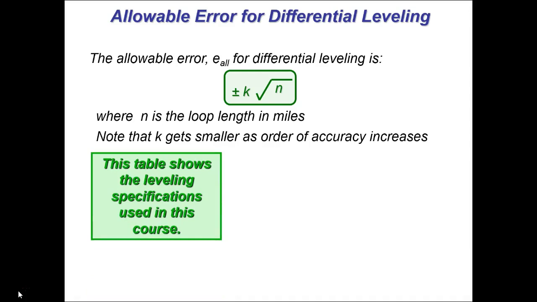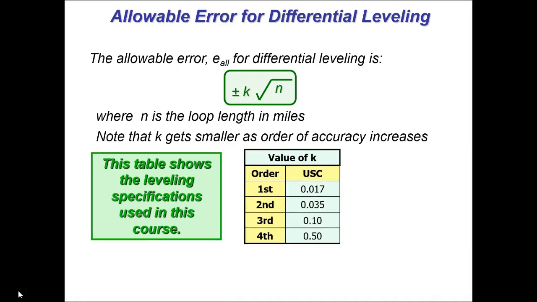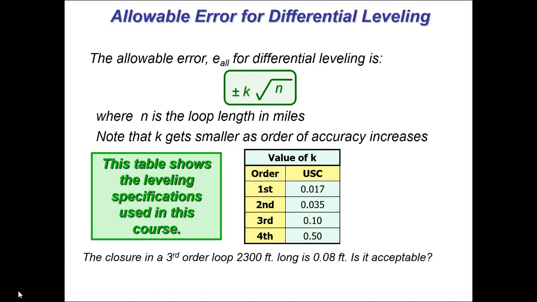So as we look at this, I'm going to give you a table here, and that shows our value of k. So you can see that k value, as our order of accuracy gets tighter and tighter, gets smaller and smaller. So our closure in a third order loop, let's say this is a third order loop, that's 2,300 feet long, is 0.08 feet.